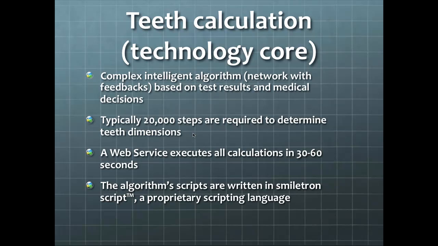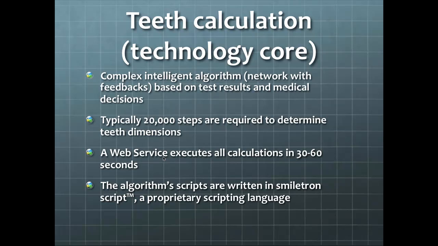And typically 20,000 steps are required, depending, of course, on patients, on landmarks, etc. And this web service, which is where we spent all this time, executes these 20,000 steps in about 30, 60 seconds, depending on the patient.